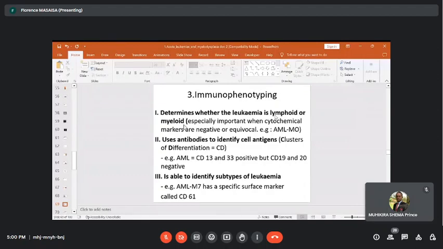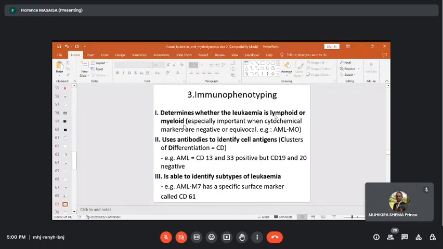Then M7, which is megakaryoblastic leukemia, is positive for CD61. So the machine uses those monoclonal antibodies to try to find out if it is myeloblastic leukemia or lymphoblastic leukemia by using these markers.